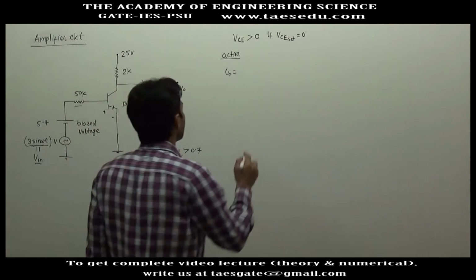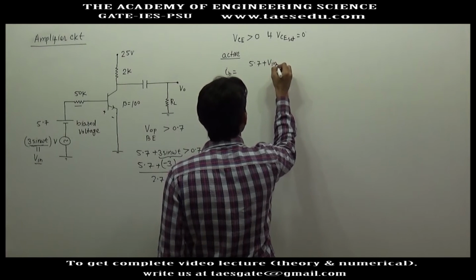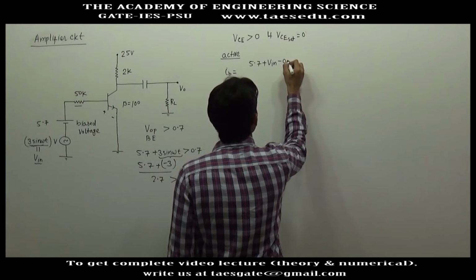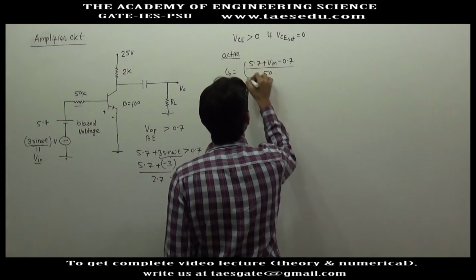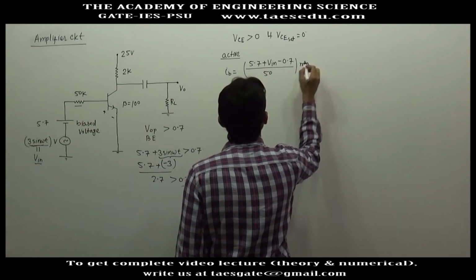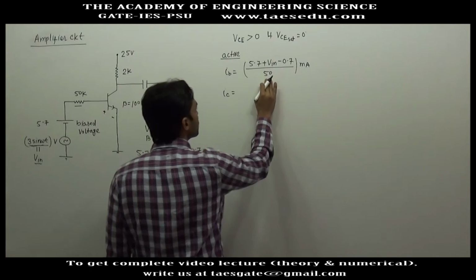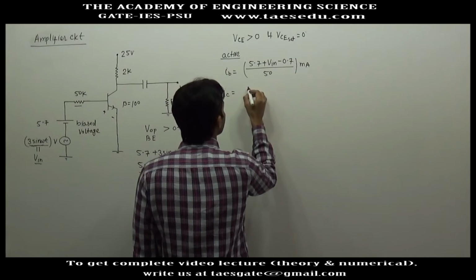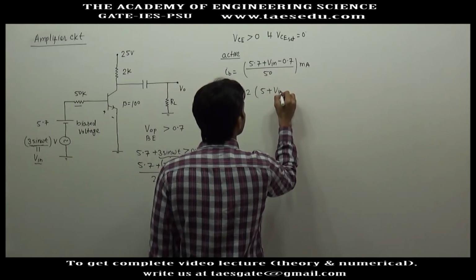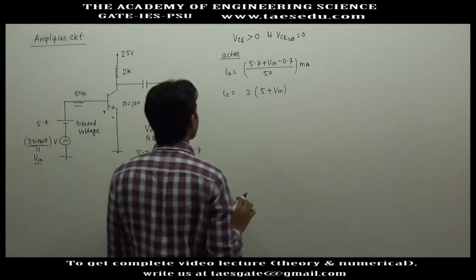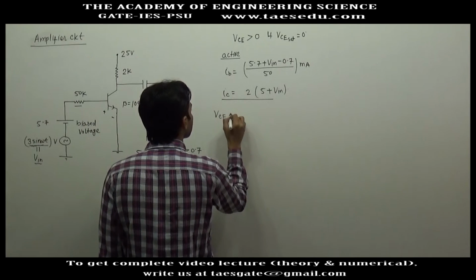So IB will be 5.7 plus V input minus 0.7 divided by 50 kilo ohm. Then what will be IC? IC will be this times 100. So you will get 2 into 5 plus V input milliampere. This is IC.